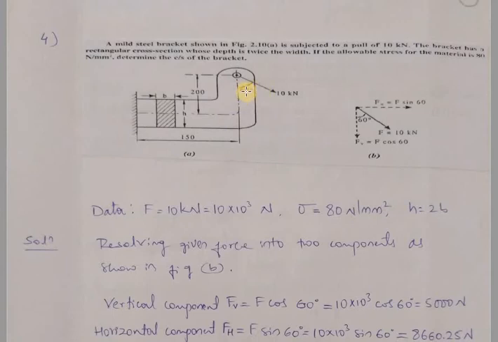So first thing what we need to do here, we have to resolve this force into vertical and horizontal component. This 10 kN we need to resolve into vertical and horizontal component. So resolving into horizontal component, we write Fx is equal to F sin theta, and Fv, when we resolve into vertical, we write Fv is equal to F cos theta. This is known to us.